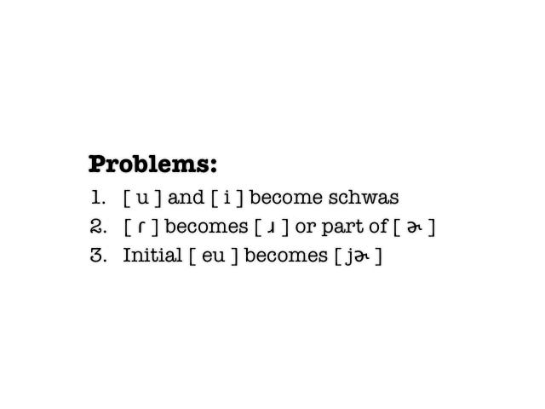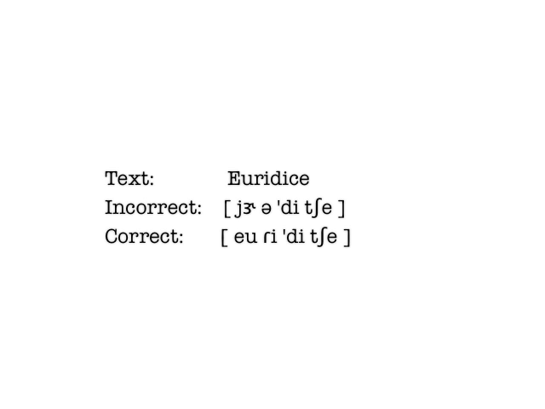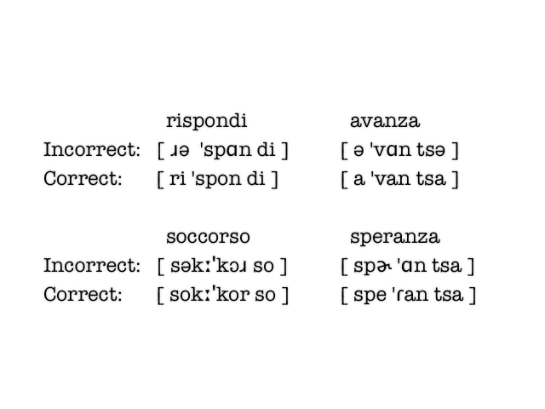Lastly, the closed E gets turned into a glide, y, instead of a pure vowel. This word is particularly challenging, but if you break it into the component sounds and just practice slowly and carefully, you can replace the schwas and the R and the glide with the correct sounds. Euridice.